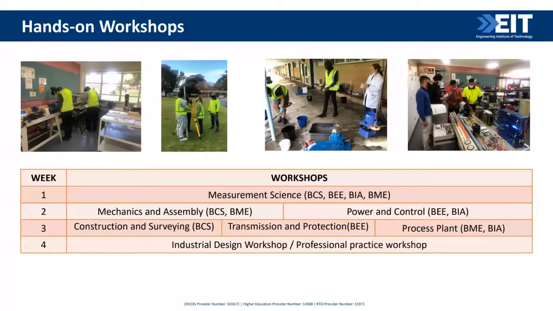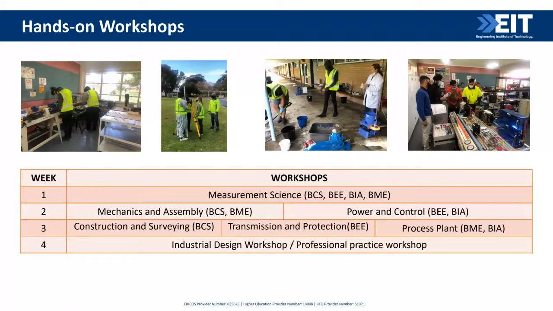So we have a biannual hands-on workshop for our on-campus bachelor's and master's students. This runs for 4 weeks continuously, as you can see on the table. Week 1 is the measurement science workshop, which is common for all disciplines.